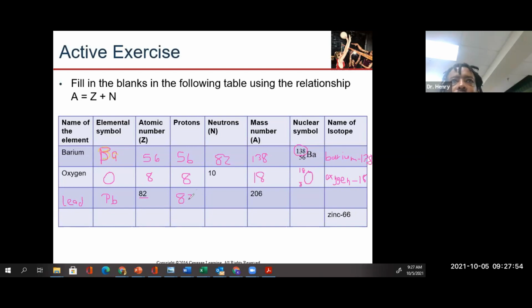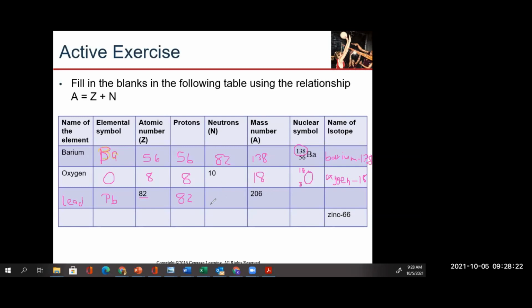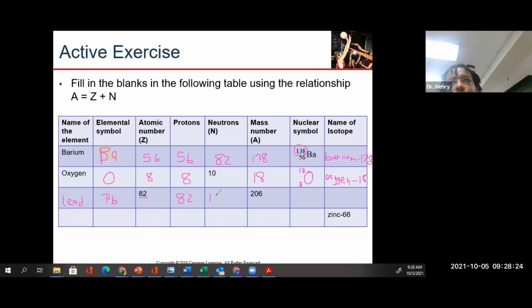Number of neutrons. So we have the new mass number here: 124. Yep, that's right. It's 124.